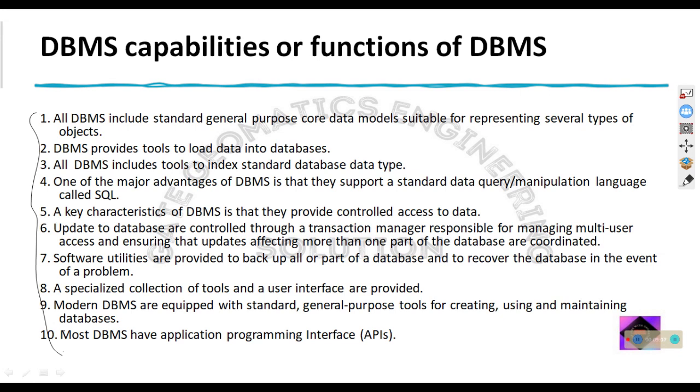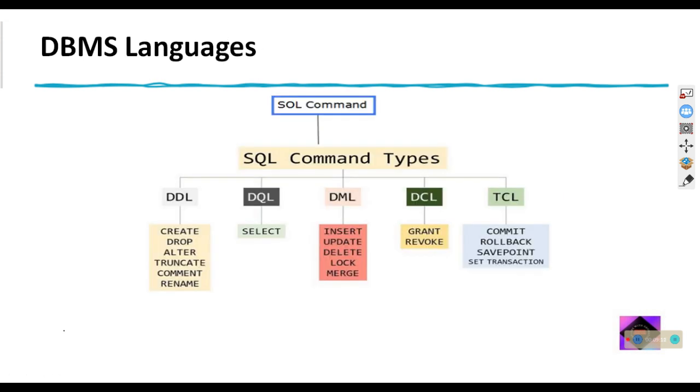These are the capabilities or functions of DBMS that you can go through. How can we query something, or based on which languages can we create a DBMS structure or fetch the required information from our DBMS? You can see there are some languages here.